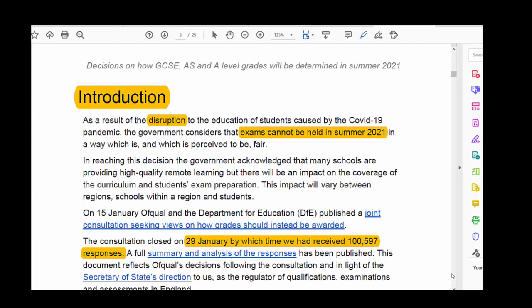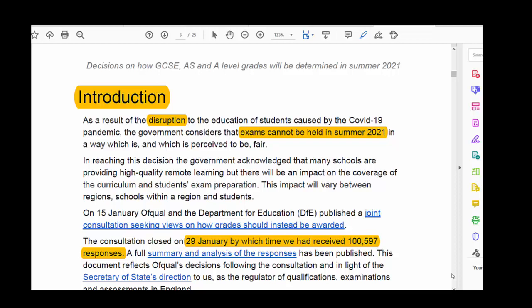Okay, so because of the disruption caused to your education by COVID-19, the government decided earlier this year that exams will not take place as normal in summer 2021. After this, Ofqual did a consultation on the 29th of January in which they had over 100,000 responses from head teachers, parents, students.